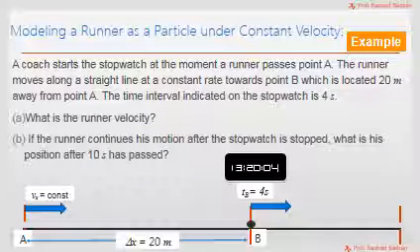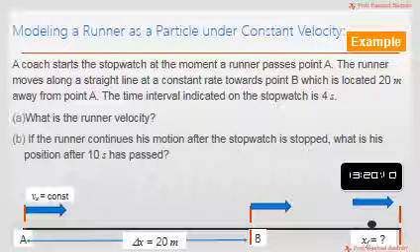It took the runner 10 seconds from the starting point to reach his destination. As he passes through point B, what is the distance from the starting point?